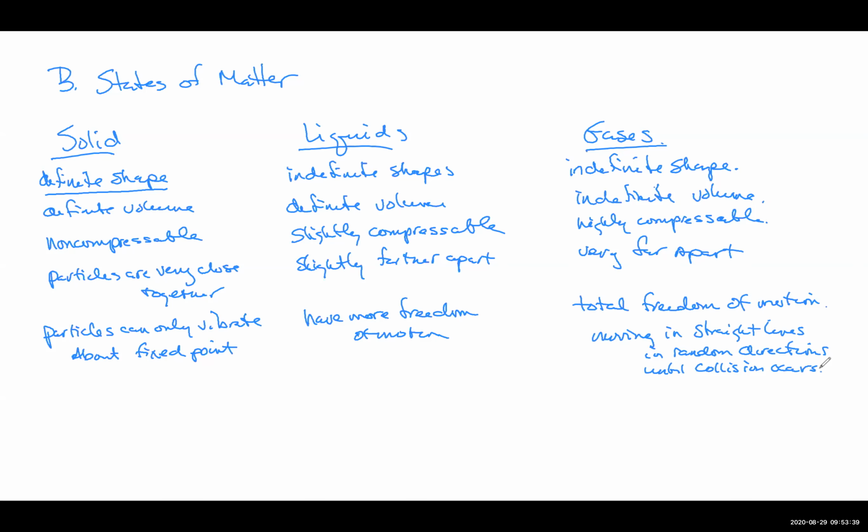When they collide either with other gas particles or with the walls of a container, that can change their direction. But they're also moving very quickly, and we'll talk about how quickly in a later chapter. Liquids have more freedom of motion than solids. That's why they can change their shape, but they can't change their volume.